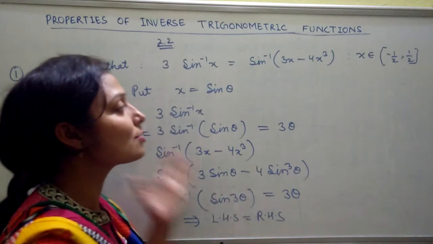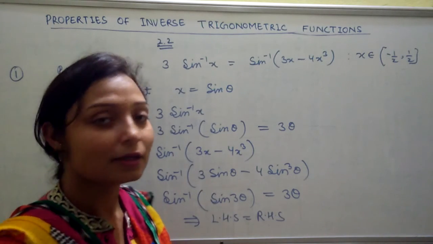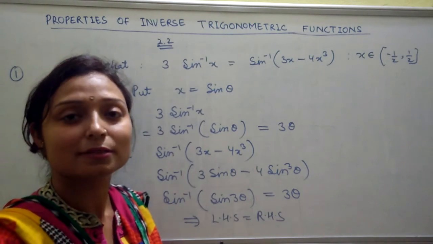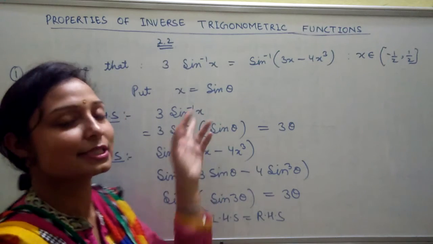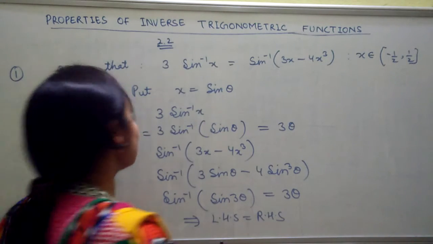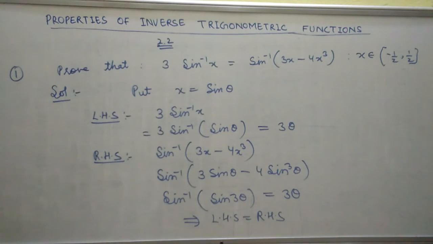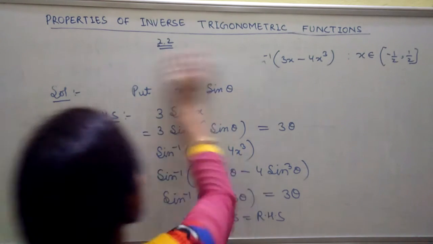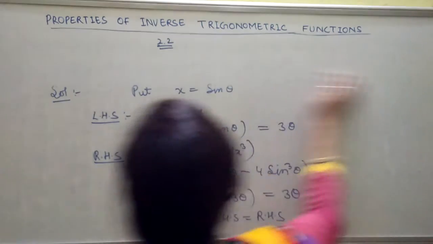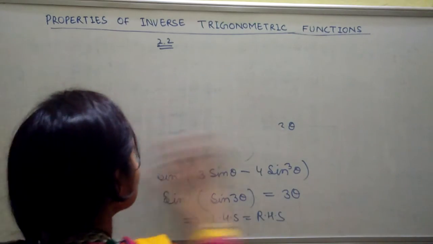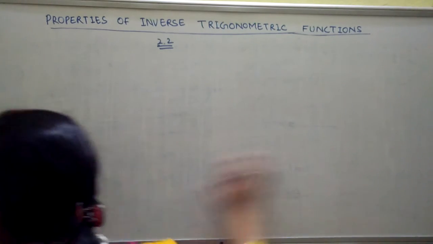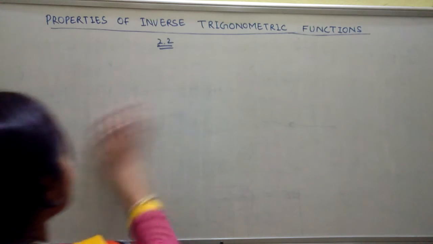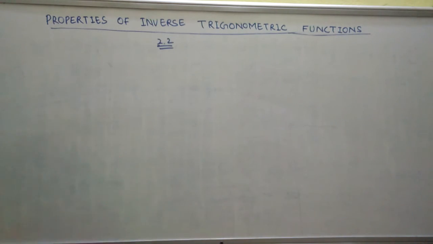You can also apply another method in spite of this substitution. Okay. Now come to the next question of NCERT. What is that question? The question number 3 of your NCERT book, exercise 2.2.